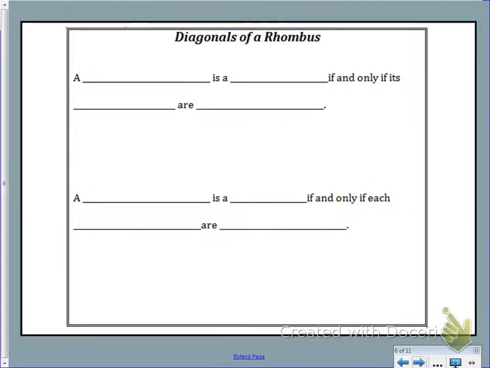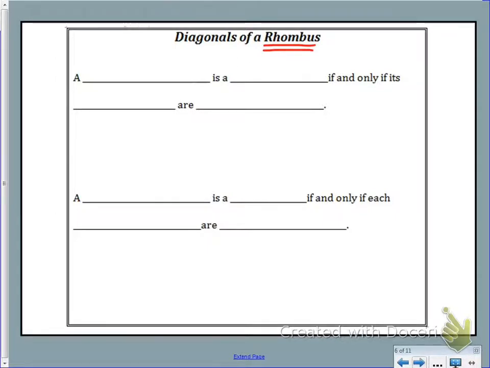Okay, you want to pay really close attention to the diagonals of the different parallelograms we're learning about, because they're going to play an important role in the solving problems that we're going to be doing. So let's talk about the diagonals of a rhombus.